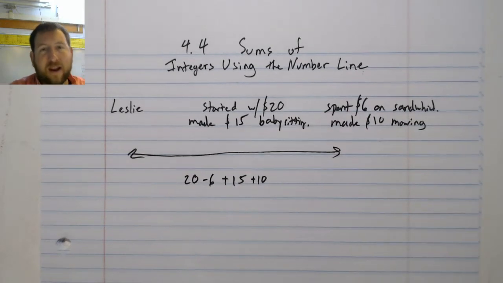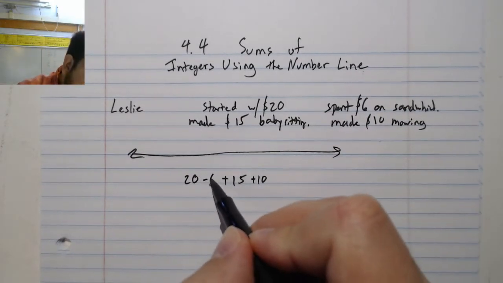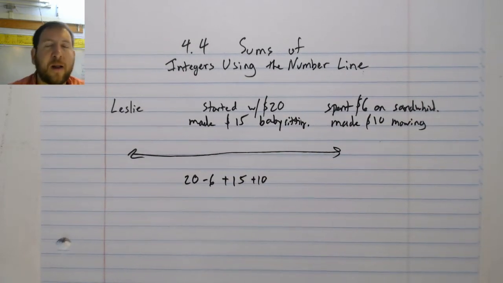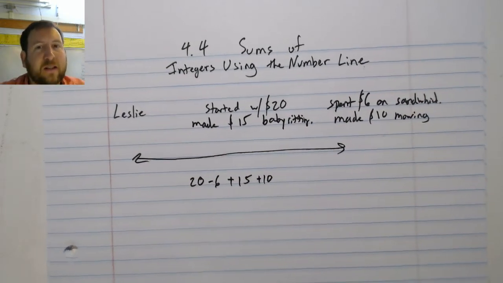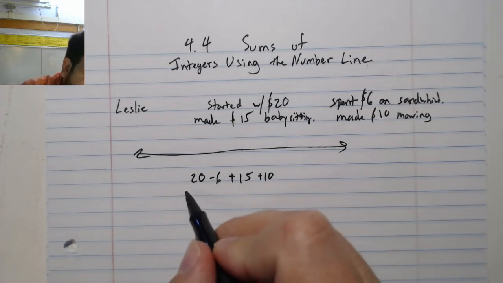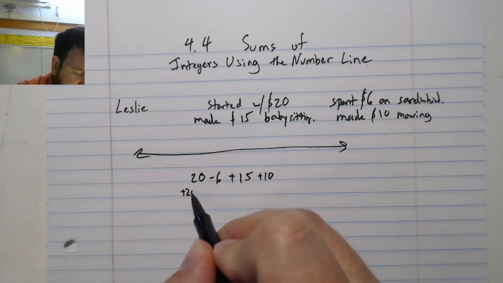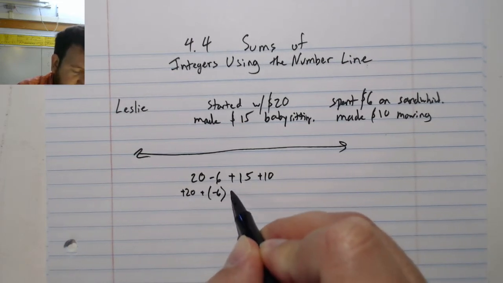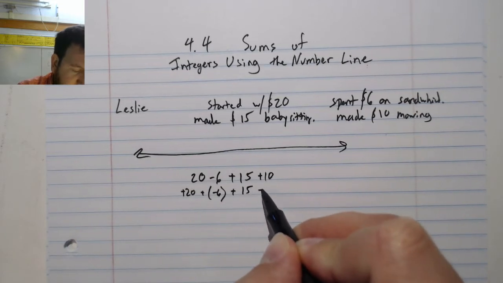So I can add all of these things up. Now, I know that I'm saying add all of these things up even when one's a negative, but it still works. We can still get the sum of a bunch of things like this. And I can write it like this if I wanted: positive 20 plus negative 6 plus 15 plus 10.